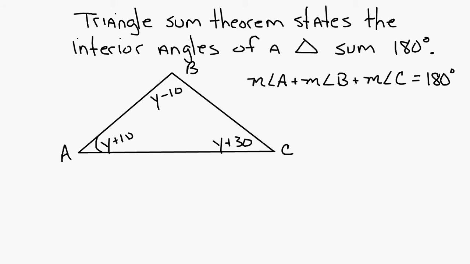Don't these three angles added together have to equal 180? So combine your like terms. How many y's do you have? 3y. And then what is plus 10 and minus 10? 0. So 3y plus 30 equals 180.